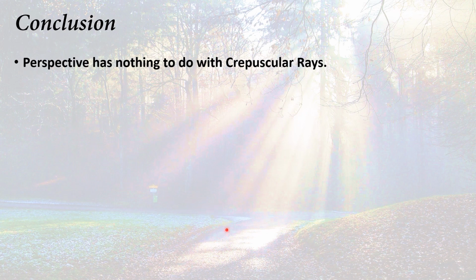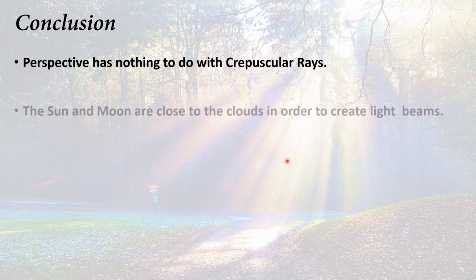You have to be directly under the light source for perspective to come into play, and yet it does not. Even in my background picture here, the camera is at the side of the crepuscular rays, close to them, maybe 20 feet, and yet it is highly angular. Look at those angles.